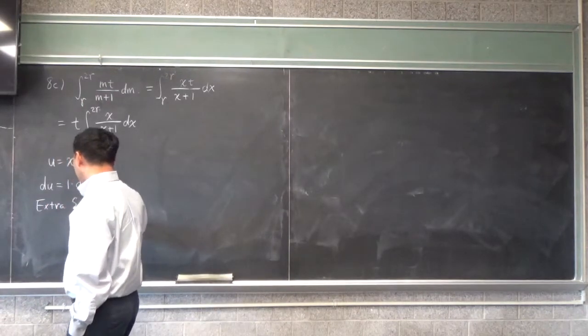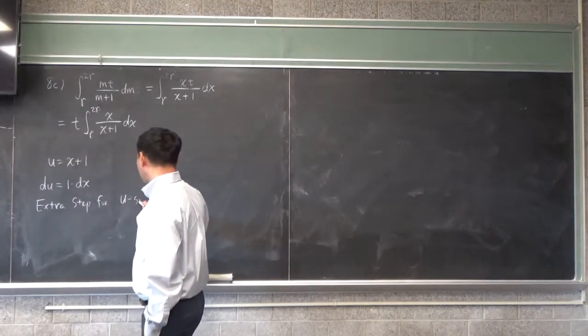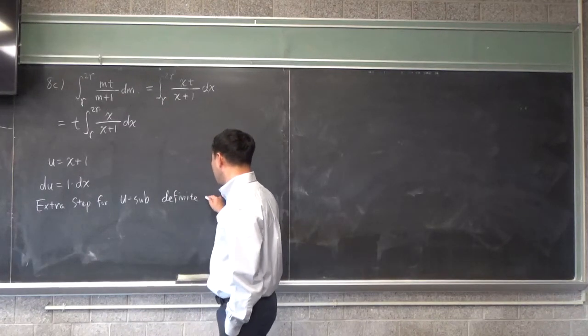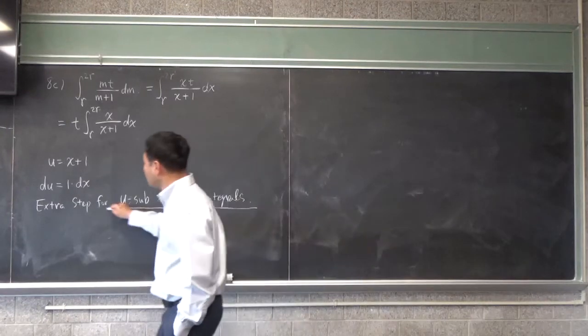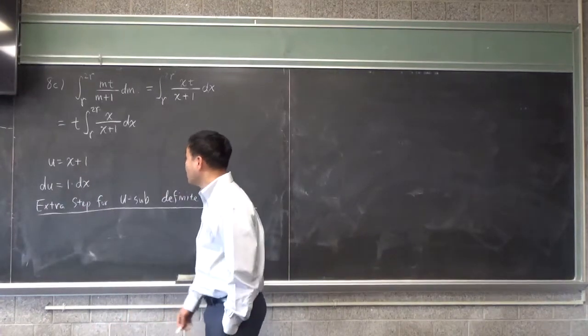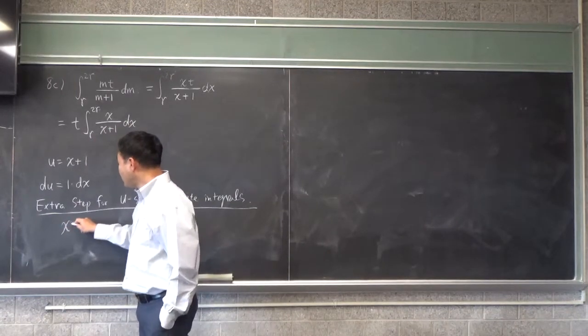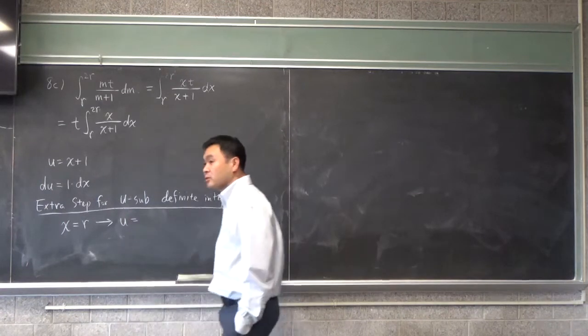Then there's this extra step for u substitution with definite integrals. This is the value of x, right? When x is r, you have to know what the value of u becomes.